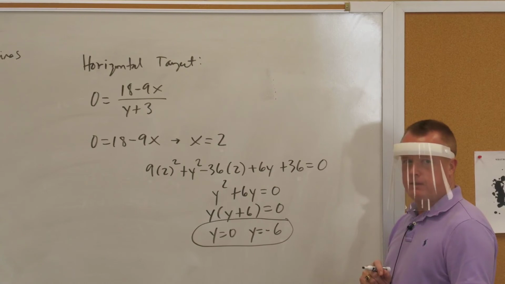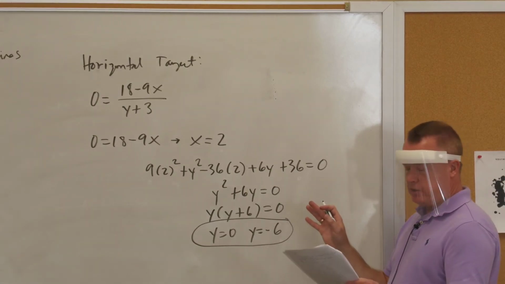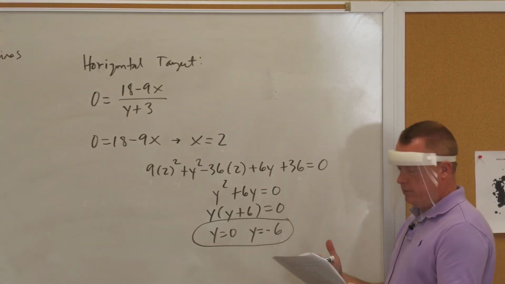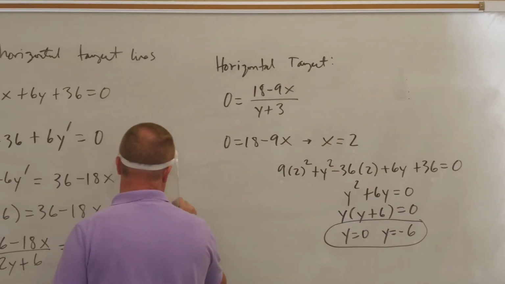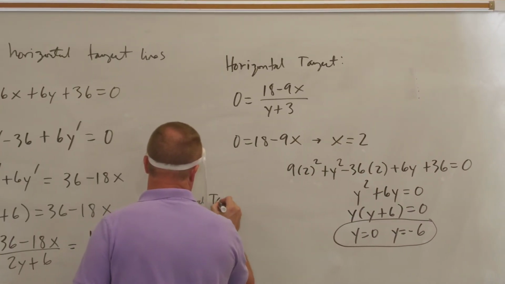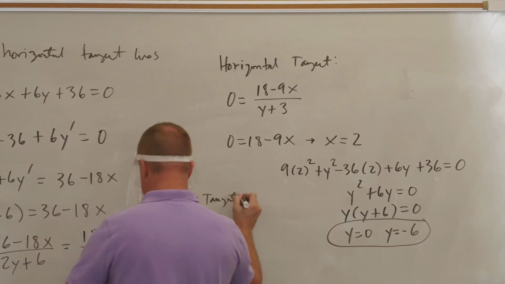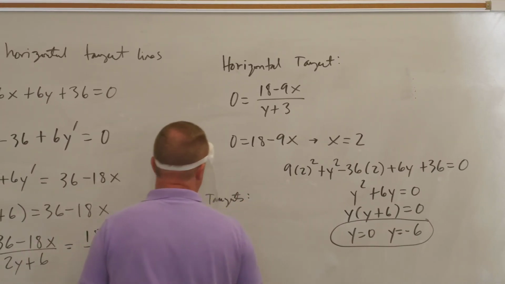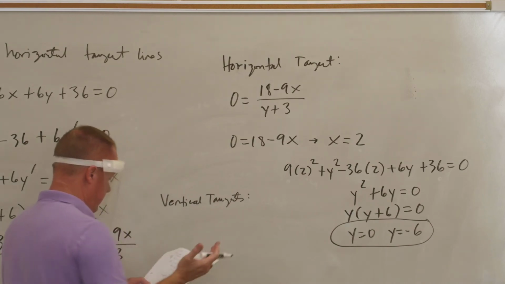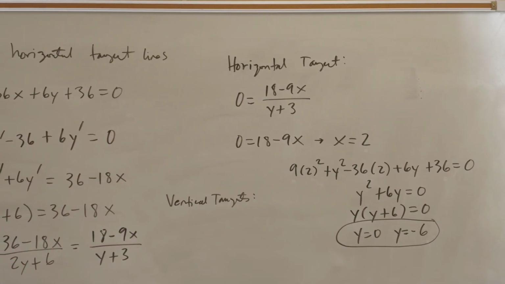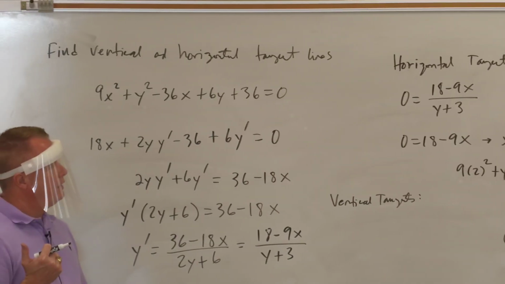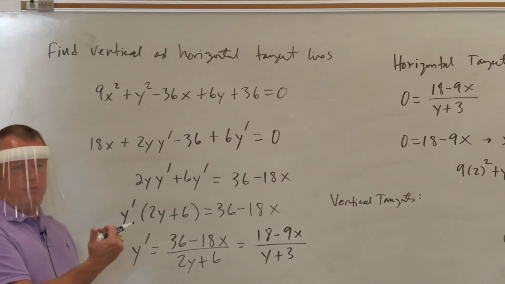Okay? Now the vertical tangents are going to be whatever makes the bottom 0. So vertical tangents. All right, so to find when the vertical tangents are, what would I set equal to 0? The bottom of the fraction, right?